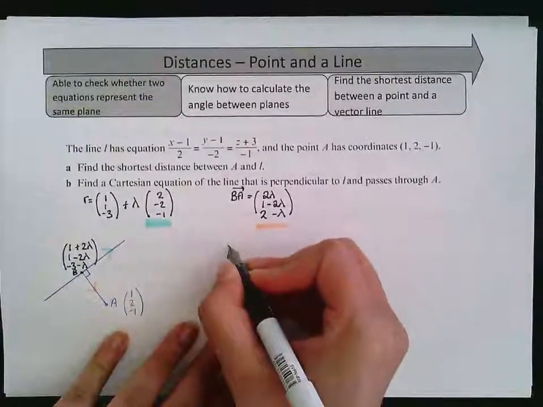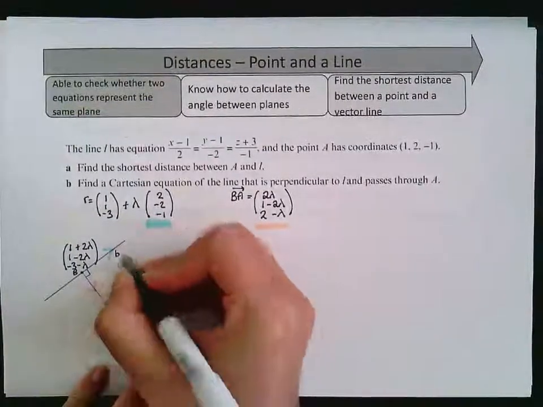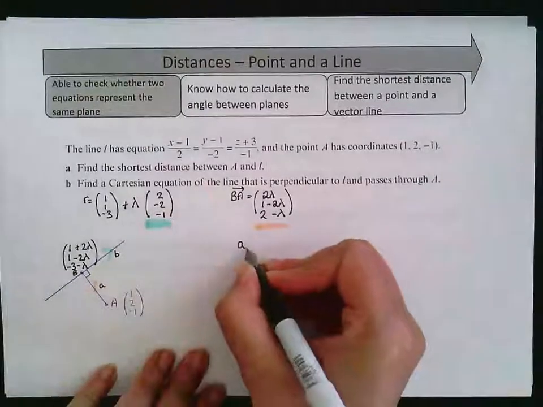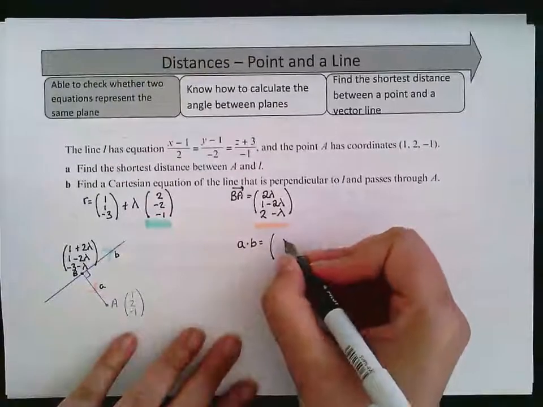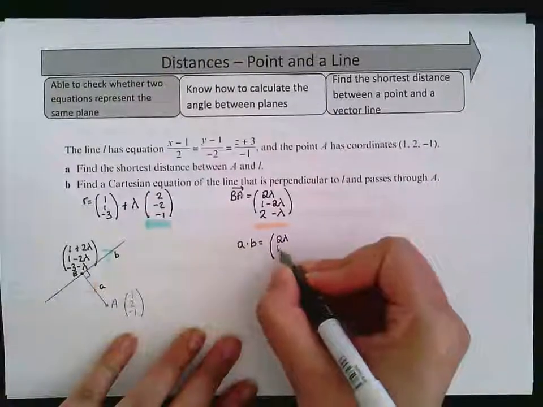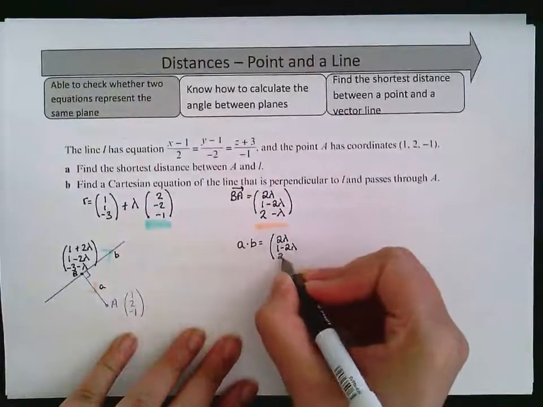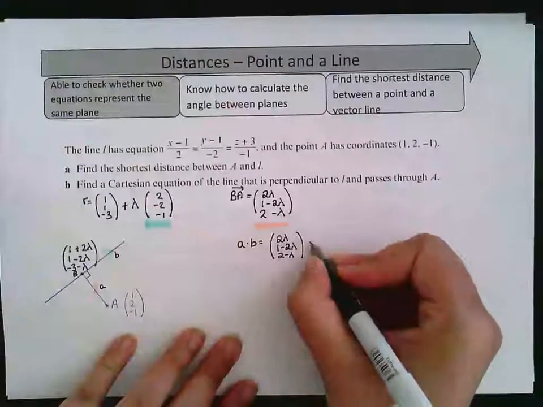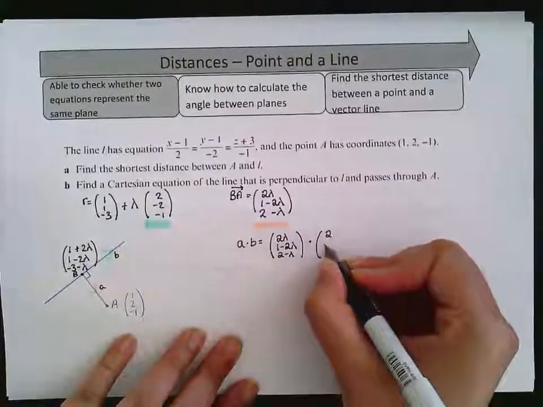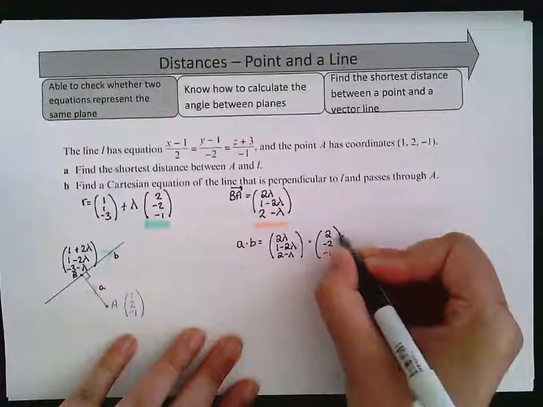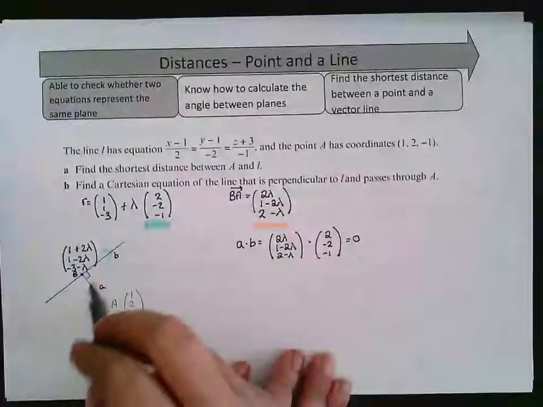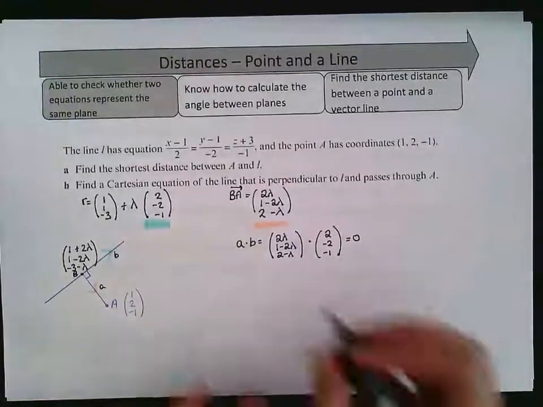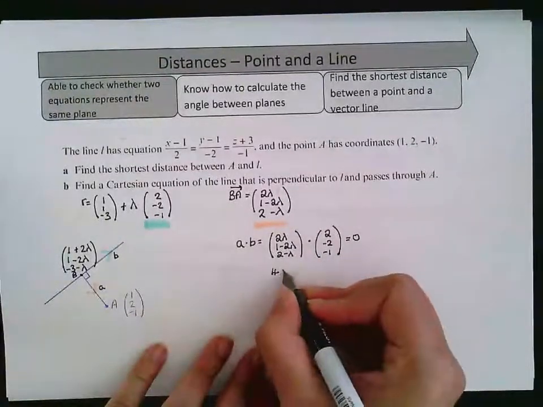So I'm going to label that B and A. So A dot B is (2 lambda, 1 minus 2 lambda, 2 minus lambda) dot producted with (2, minus 2, minus 1). I know this equals 0 because they meet in a perpendicular way. So let's now do the dot product.